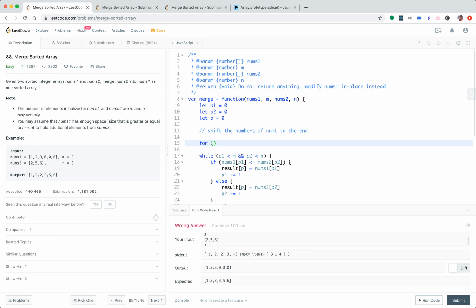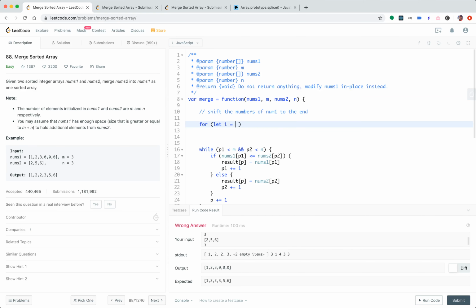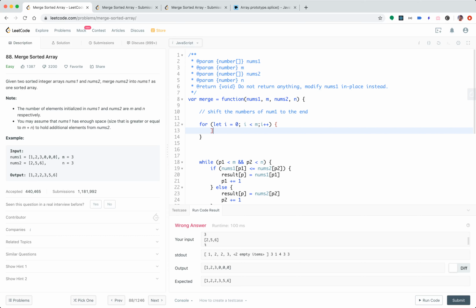For let i equals 0, i smaller than m, i plus plus, nums1 i plus n equals nums1 i. So now we have this space.